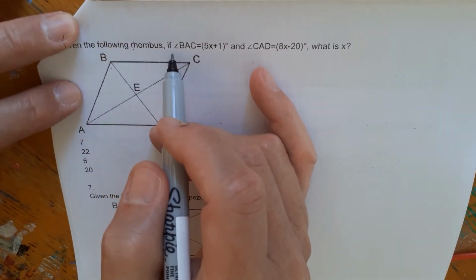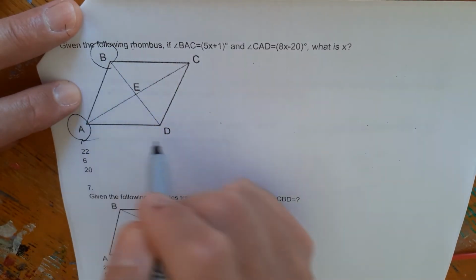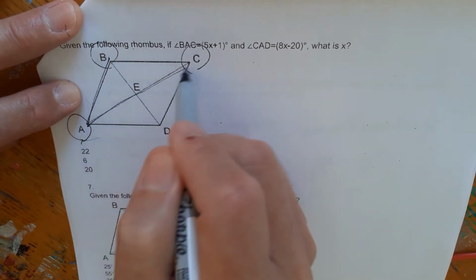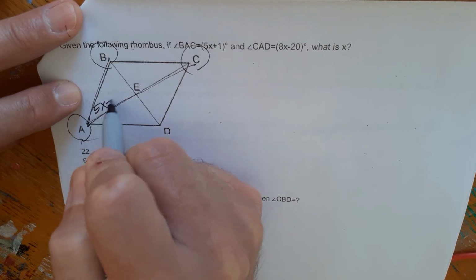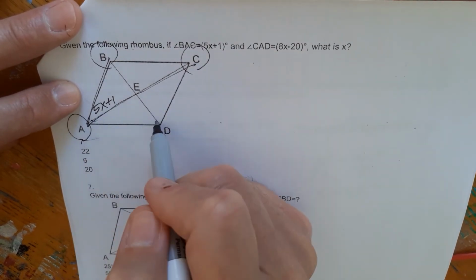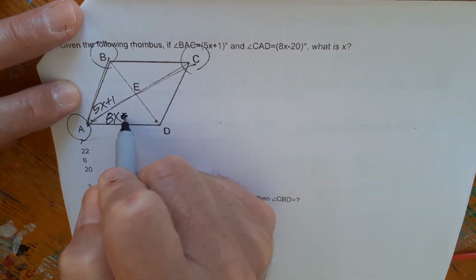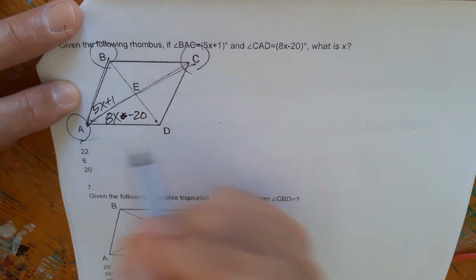Given the following rhombus, if the angle BAC is 5x plus 1, and CAD is 8x minus 20. What is x?